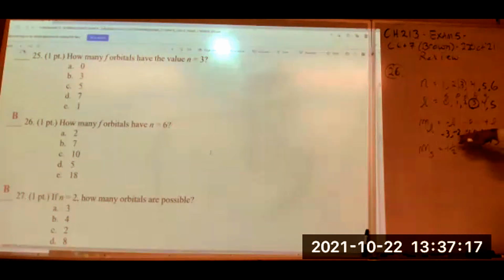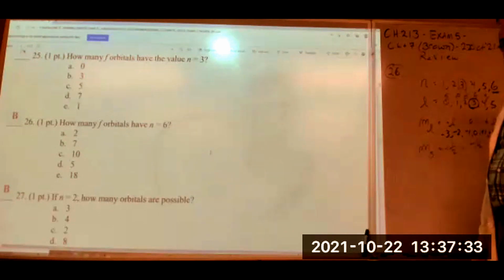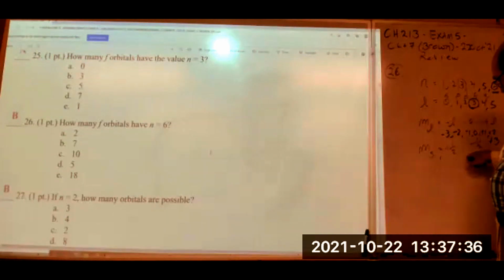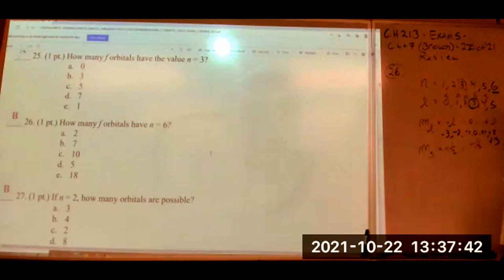So that's how many orbitals we can have under 6, because f can have this many m sub L's, 7. And that's characteristic of all f's. That's why you can have 14 elements with the f orbitals filling, because 2 electrons each, 2 times 7 is 14. That's why the lanthanides and the actinides have 14 places here.